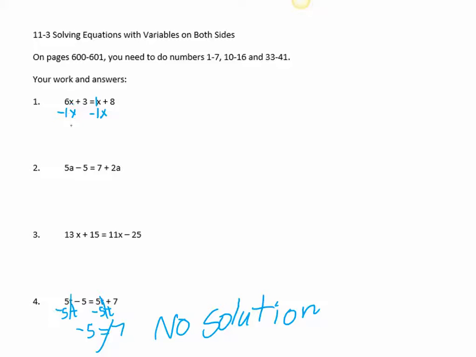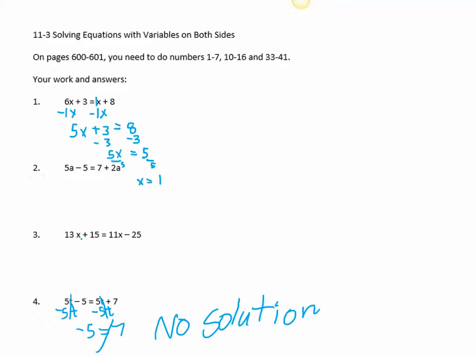To get 6x minus 1x is 5x plus 3 is equal to 8. And then you know how to finish it. You would subtract 3 from both sides. It's just a two-step equation now. And you'd have 5x equals 8 minus 3 is 5. And then we divide by 5, and we get x equals 1.